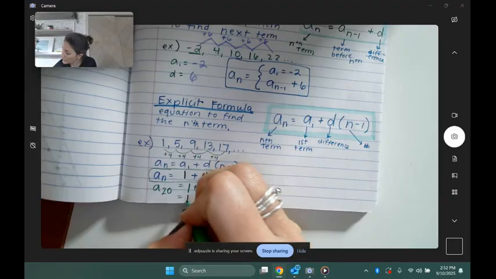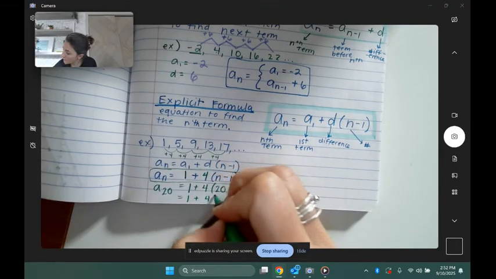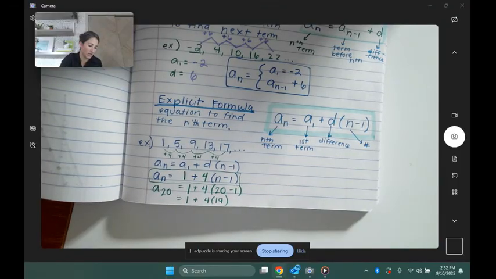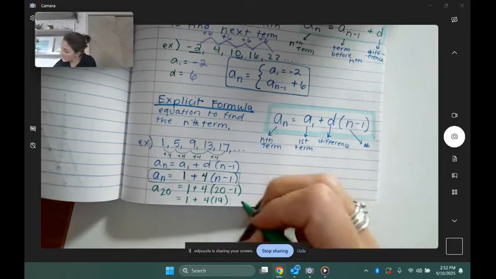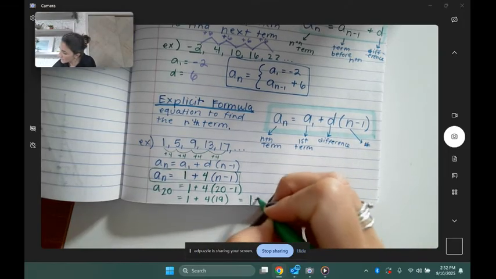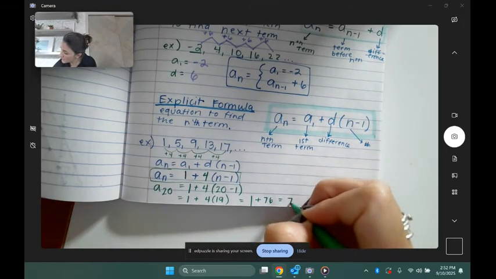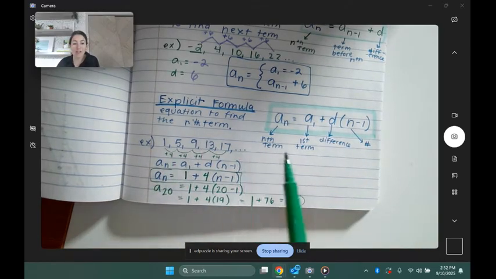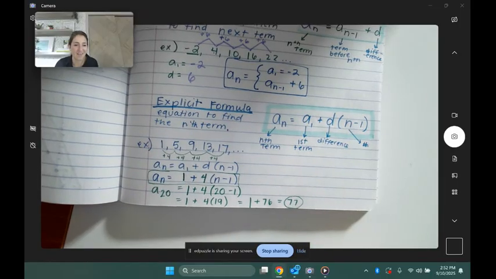So equals 1 plus 4 times 19. Oh, yikes. 19 times 4 is 76. So 1 plus 76 equals 77. So that means if I were to continue this list all the way till the 20th number, the 20th number is 77.